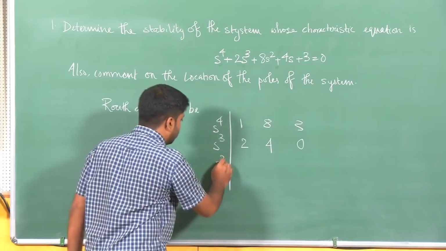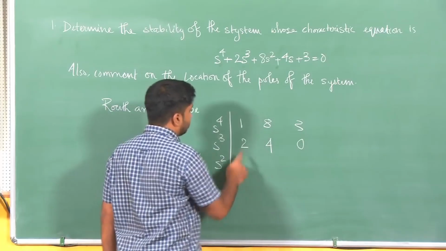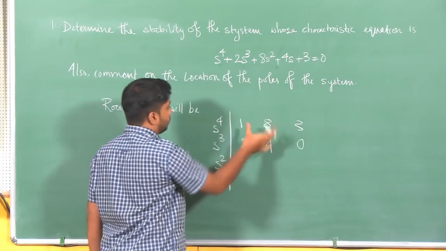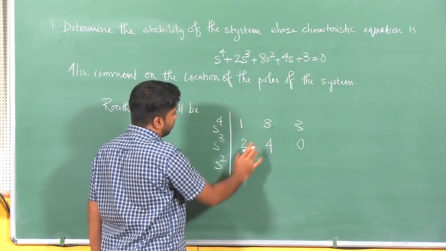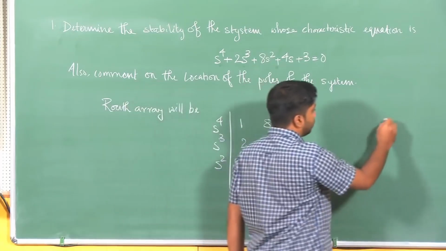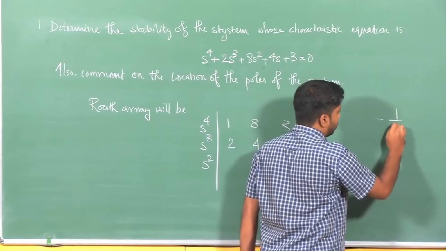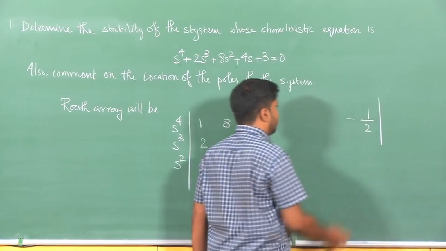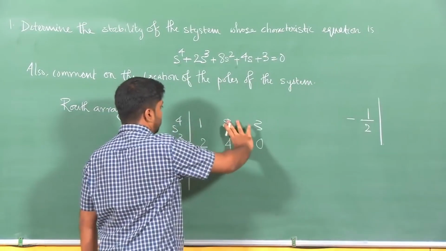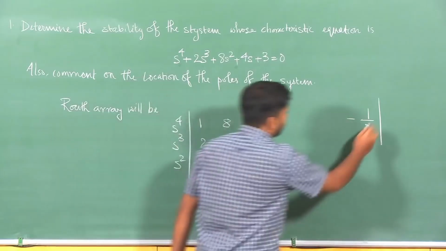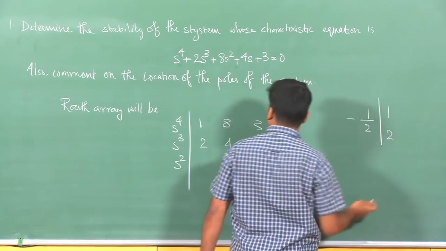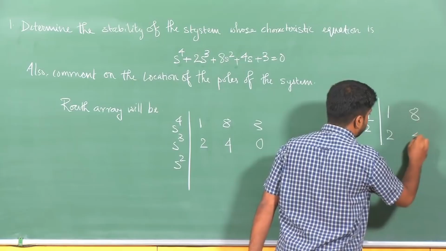As we saw, this term comes from multiplying this 2, minus multiplying this 2, divided by this factor. So, we can do this way, just take this as a determinant.